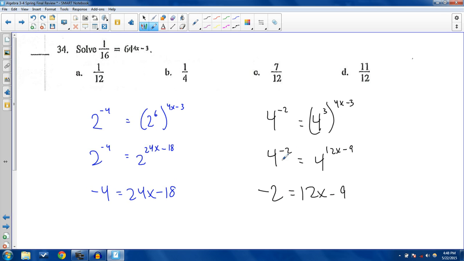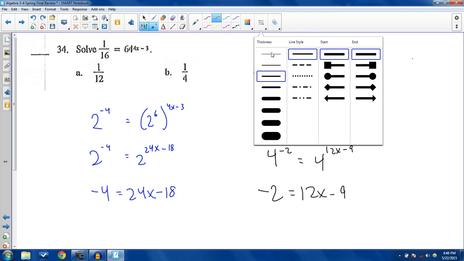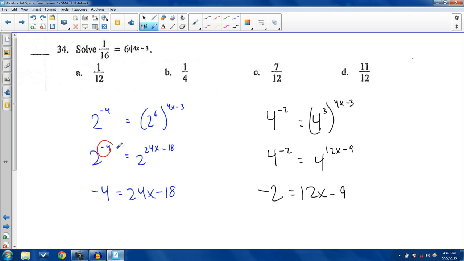Now, how am I getting from this step to that step? The logic part in your head is saying if you have the same base and you're raising to these powers, if these things are equal to each other, these must be equal to each other. How else can you raise 2 to something and 2 to something and make them equal without these two things being the same? That's the logic part kicking in. And same with the 4.